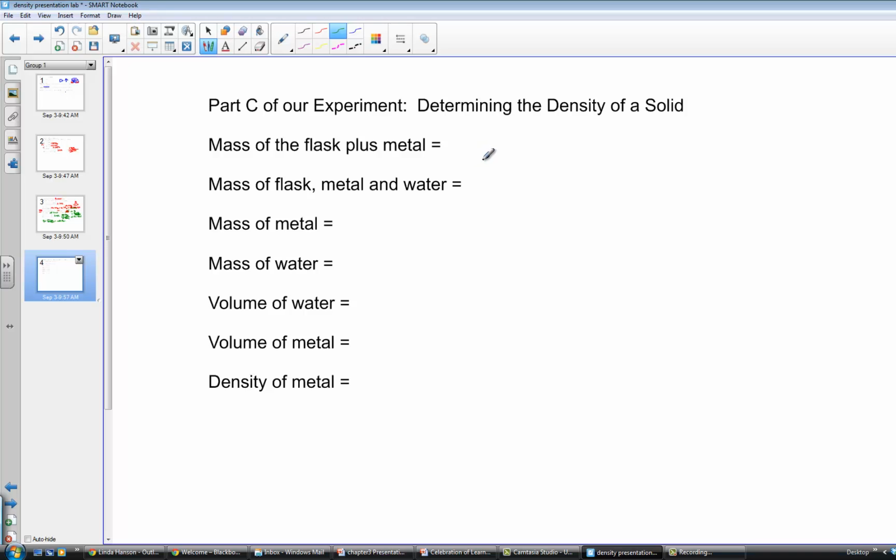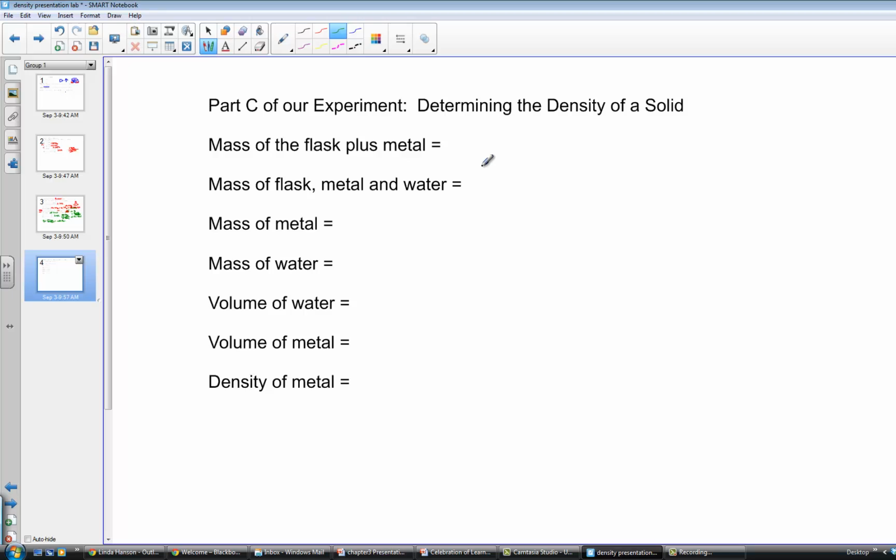I'm going to fill it. It says about halfway full of a metal. So I'm looking for something like copper shot or mossy zinc, some sample of metal that I can place into this flask, and I'm going to just approximate halfway full. Alrighty? And I'm going to plunk it on the scale. How much does the flask and the metal weigh when the flask contains approximately half full of an unknown metal?